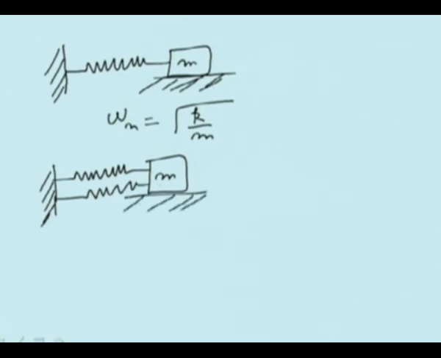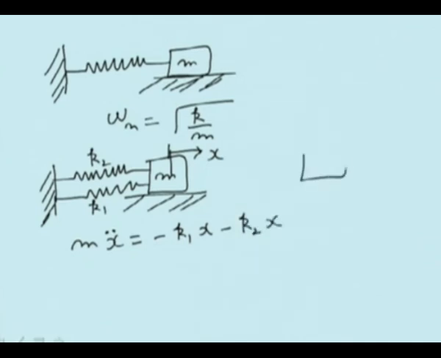In this case, suppose you displace it by distance x from here. Now m x double dot is equal to minus k1 x minus k2 x.